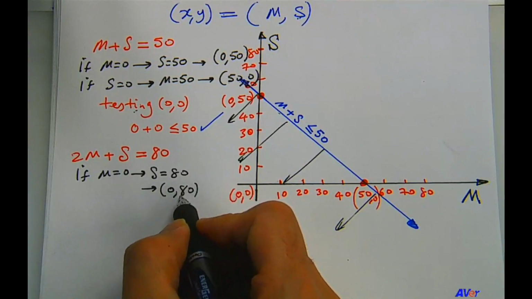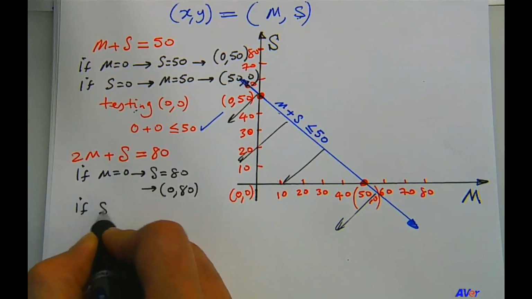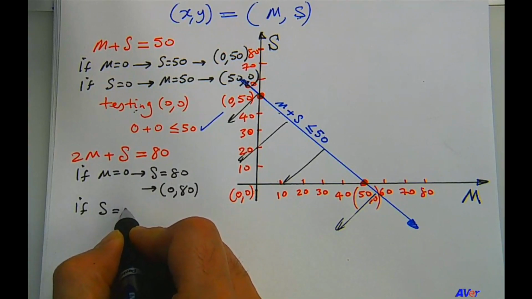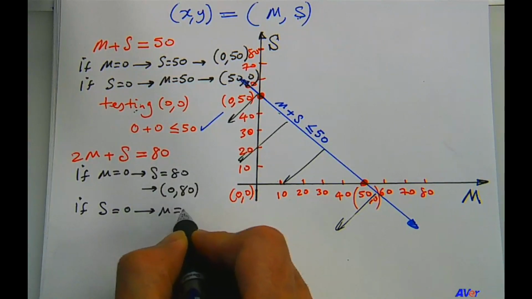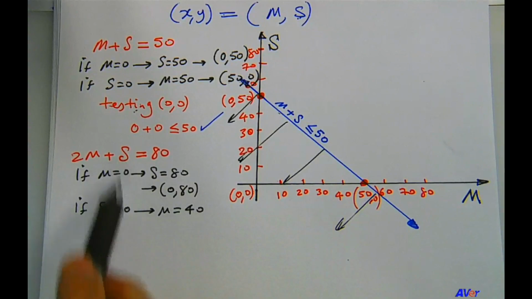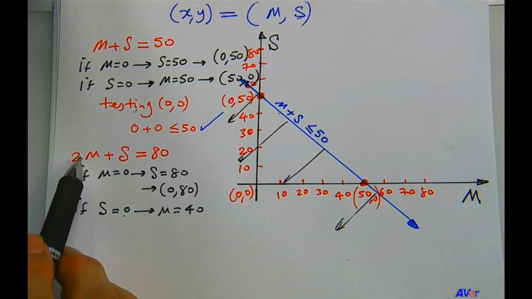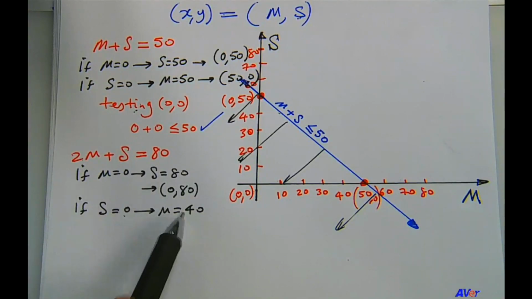as our y-intercept, and if s equals 0, then m equals 40, right? If you plug in 0 for s, then you have 2m equals 80, and 80 divided by 2 for m, we get 40, right?